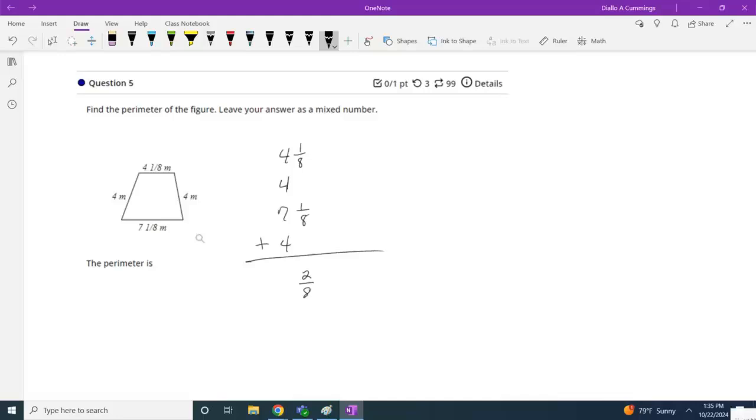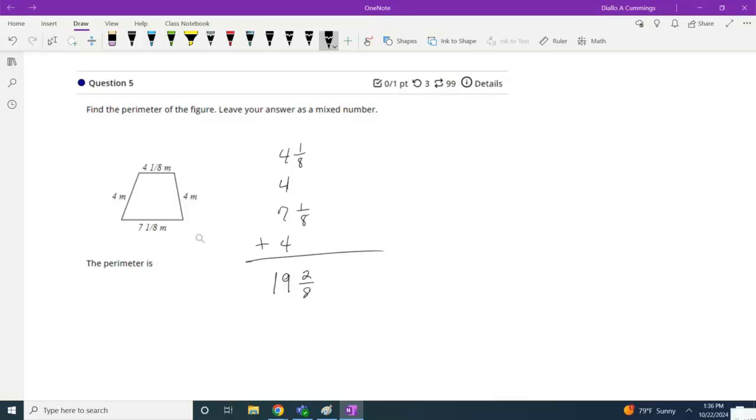Now I'm going to add up all my whole numbers. 4 plus 4 is 8. 8 plus 7 is 15. 15 plus 4 is 19.